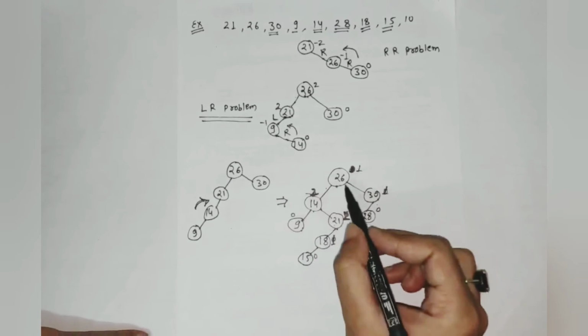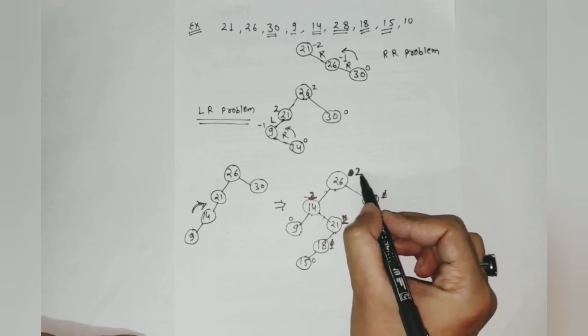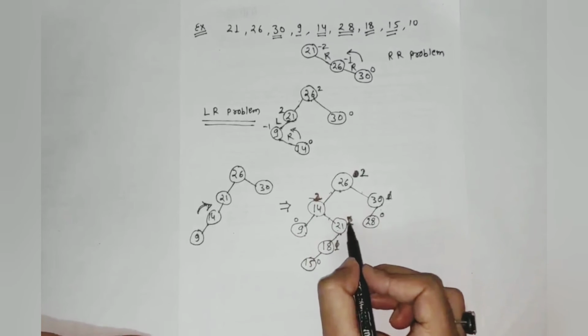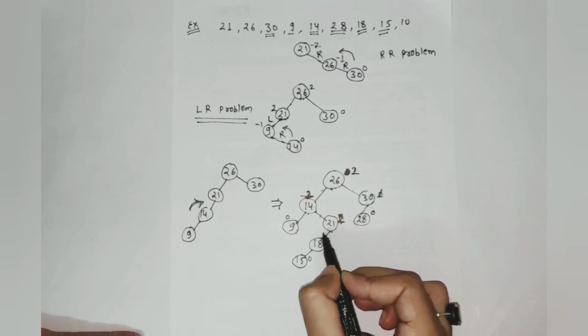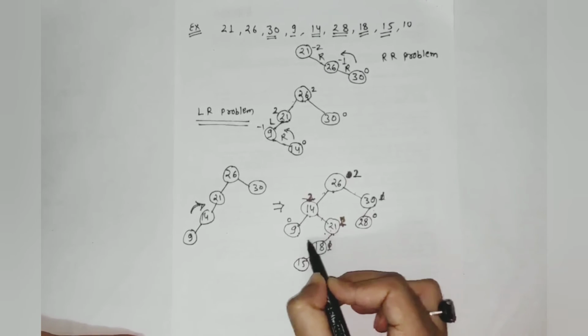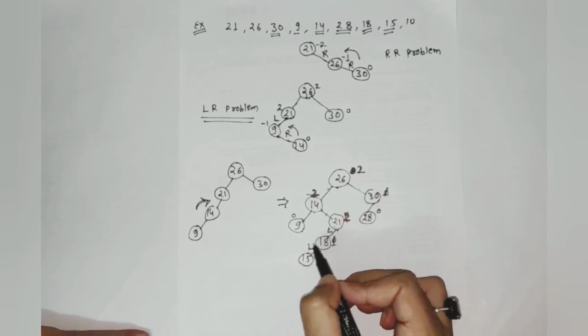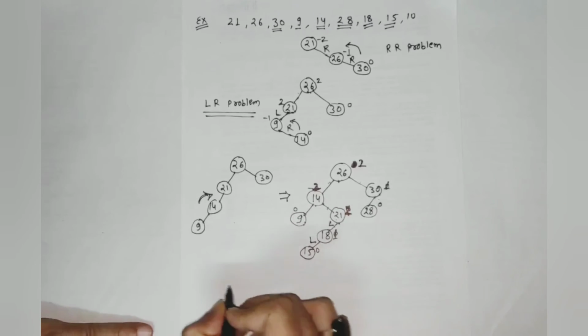For this node 1 2 3 4 1 2, so it is 2, and this is the same. Now we can see that this node is making the problem. So the problem is starting from this node onwards. So we will check that the problem is on the left hand side and again on the left hand side. So it is an LL problem. So we will make one right rotation. So now let's do that.